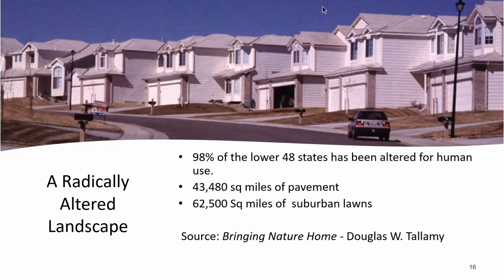So we have created this monoculture, and it's actually quite large. Again, Doug Tallamy says that if you took all of this turf grass and put it together, it's the equivalent size of our 10 largest national parks. And that is an enormous amount of area.